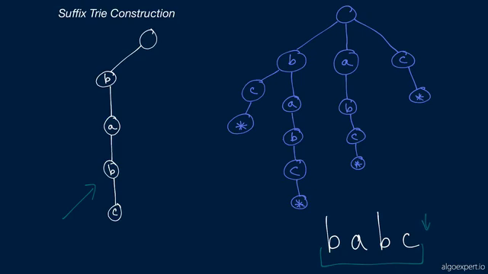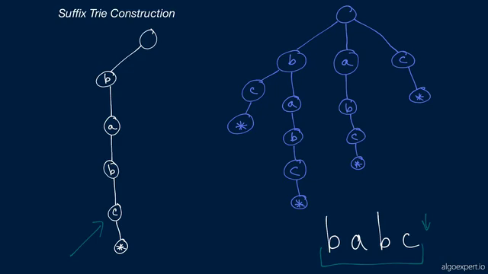This one moves out of the suffix. We're done. There's nothing more to explore in the suffix. We've added the entire suffix. This arrow points to C. And because we've added an entire suffix, an entire string or substring, whatever you want to call it, we add this final node that is just an asterisk symbol that marks the end of a string here. Okay?